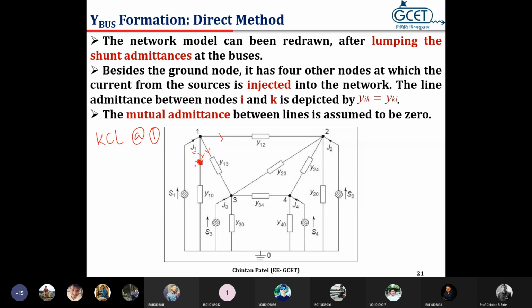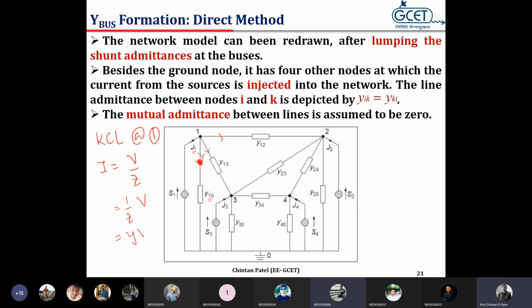What is the current in this branch, the node Y10 branch? We know the current in the form of admittance. Let me write down I is equal to V divided by Z, Ohm's law, or we can also write this as 1 upon Z into V. What is 1 upon Z?